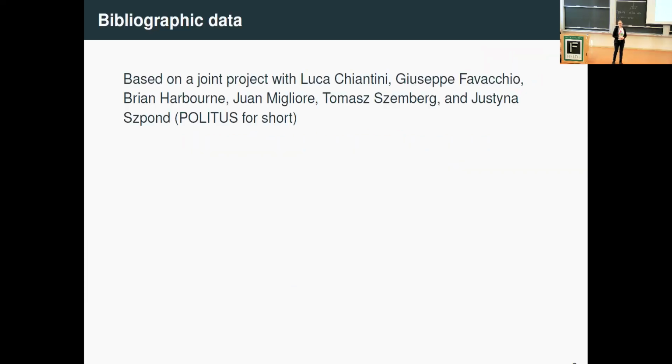So I'm going to speak about the joint project with Luca Chiantini, Giuseppe Favacchio, Brian Harbourne, Juan Migliore, Thomas Schenck, and Justyna Szpond. For short, I will call this Politus, because there are three Polish members, two Italian, and two US-based members.